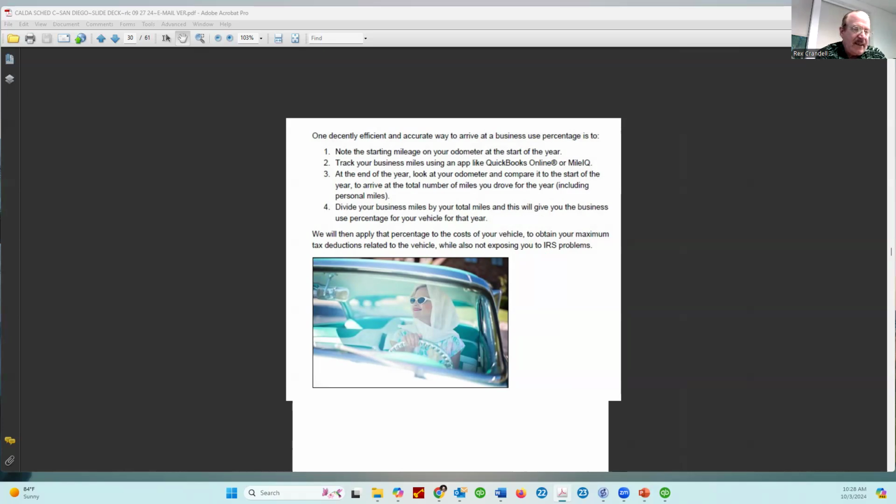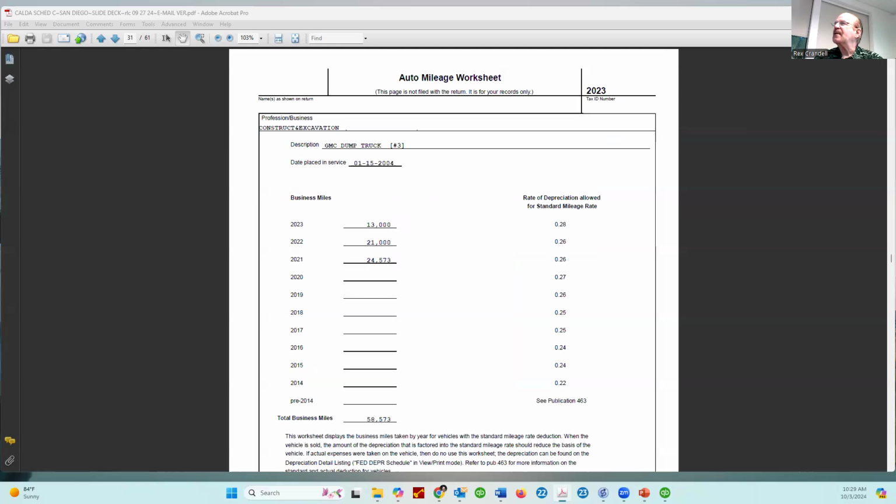Well, one method is to take a 3-week time period and keep a log of every mile you drove during that time and determine whether it's business or personal. That way you're developing a business use ratio that you could show IRS auditors if necessary. And then stop the auto log and just take the mileage at the beginning and the ending of the year.